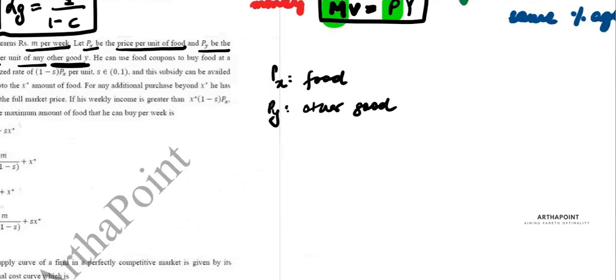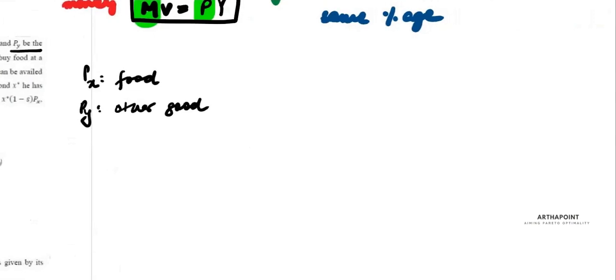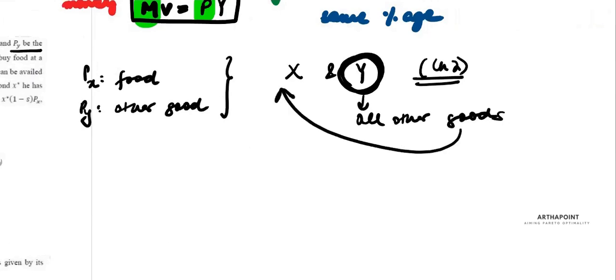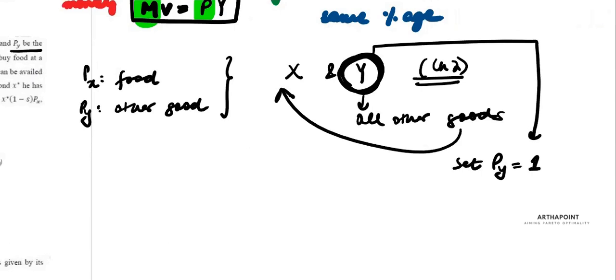Let's spend a moment here, okay? Usually, when we have two commodities X and Y, this is from chapter 2, okay? Chapter 2 variant. The second commodity is all other goods other than good X. A lot of times, what we do is we set the price of this commodity as 1.